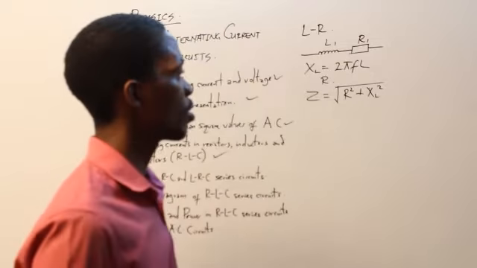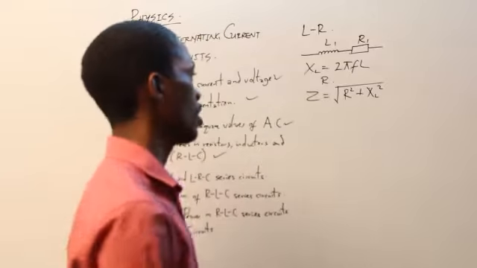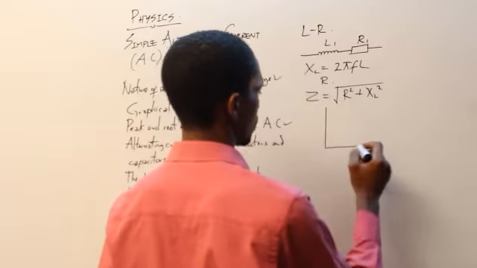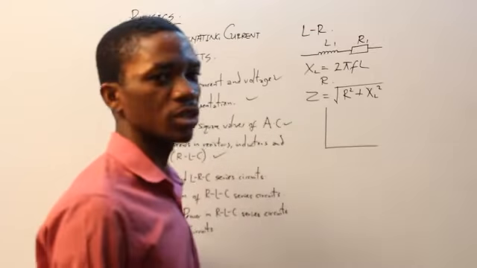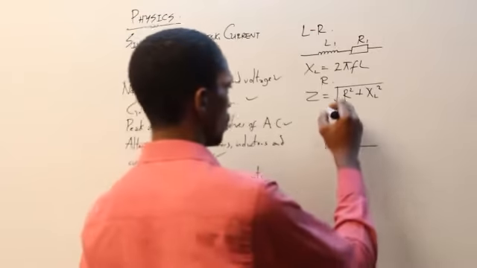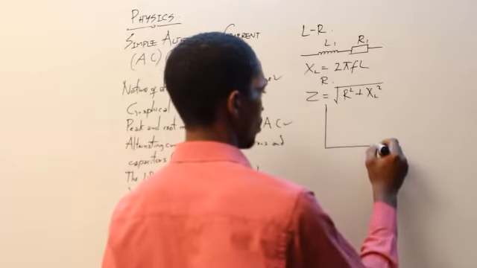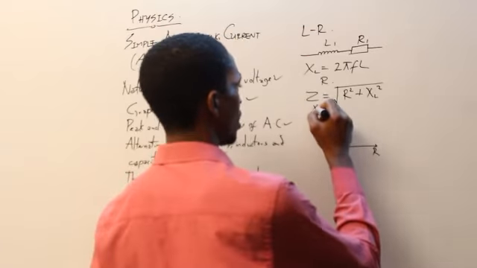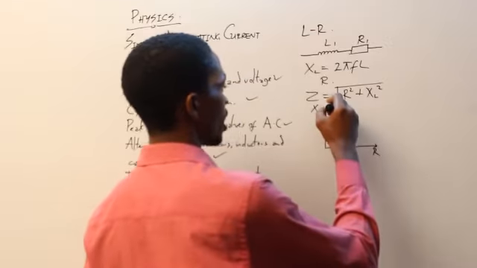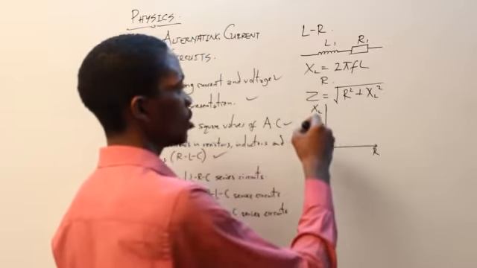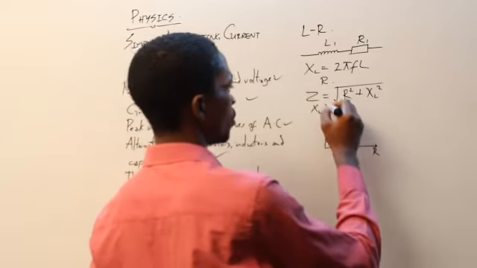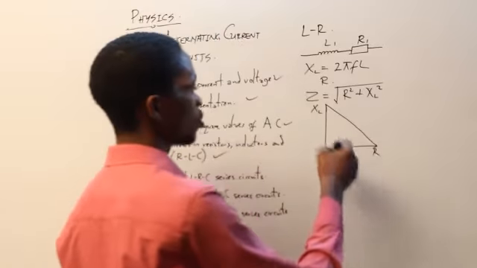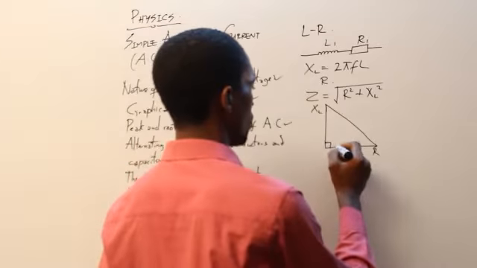Why do we use the square root of R squared plus reactance squared? When we plot the graph of their voltages, we'll find our resistance moving in this direction, and we'll find the reactance of the inductor moving in this direction. So this would give the summation of both of them.